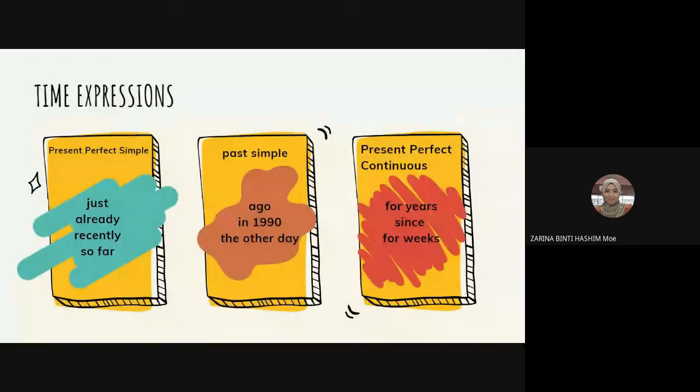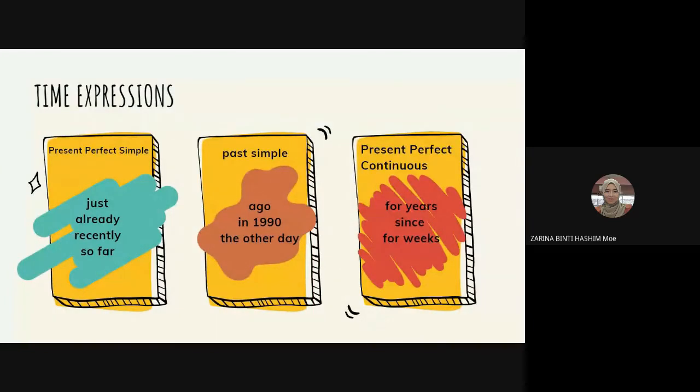Number 2, just now I will check the answers. Number 2A is has work. And then B, started. Okay, try number 3 now.